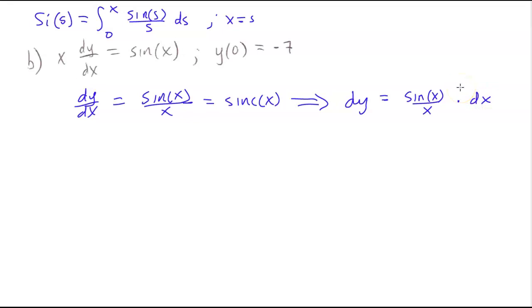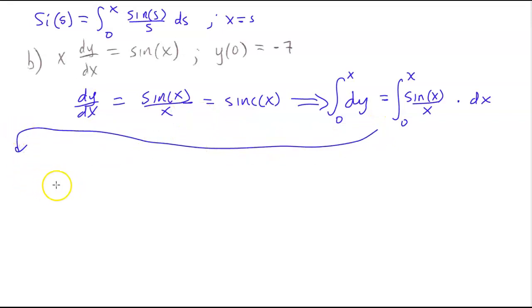Okay, all right, so from here, what we want to do is take the definite integral, but we're going to do the suggestion here and do it from 0 to x. And if we do that, then of course the left side will just be y of x, evaluated from 0 to x there.